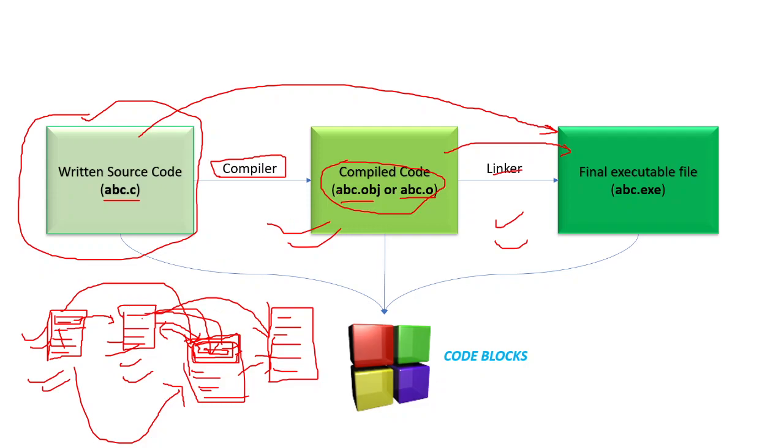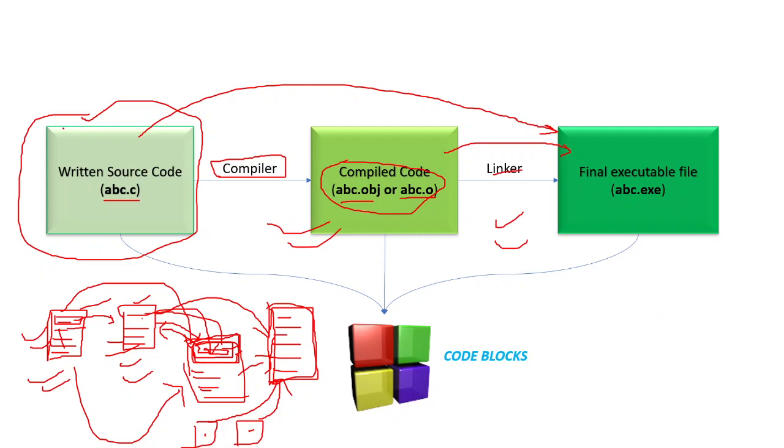When the compiler executes, these two files get converted into objects, one object file and a second object file. But these are two different files. The linker came, put these two together, and created a single executable file which can run by itself. This is what the linker does.